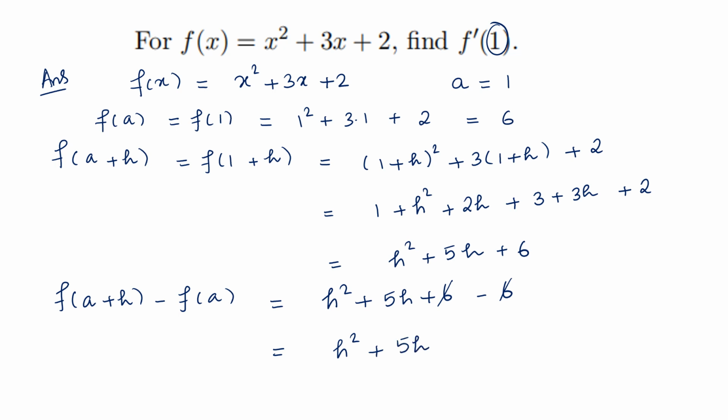Now we can write the formula for finding f'(1). Now we are finding f'(1). For that, first we can write the rule for f'(a). What is f'(a)? f'(a) equal to the derivative of f(x) at x equal to a.